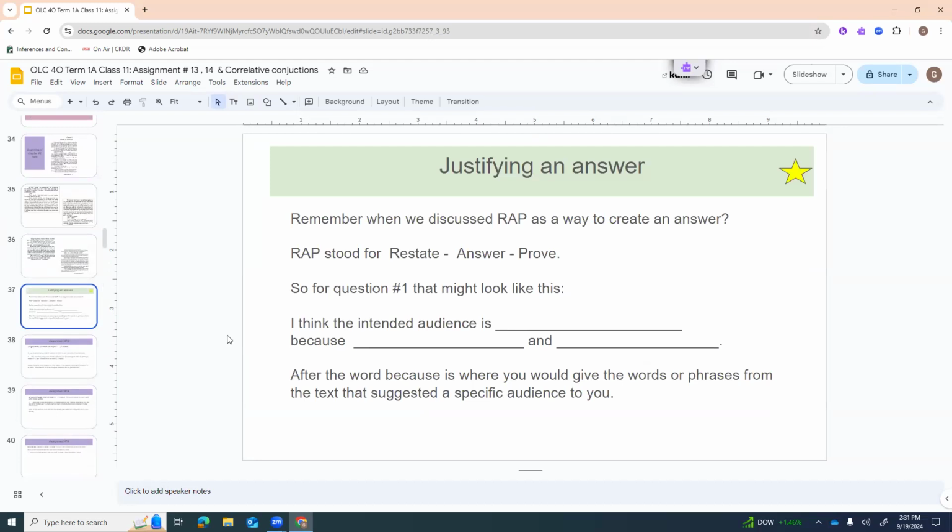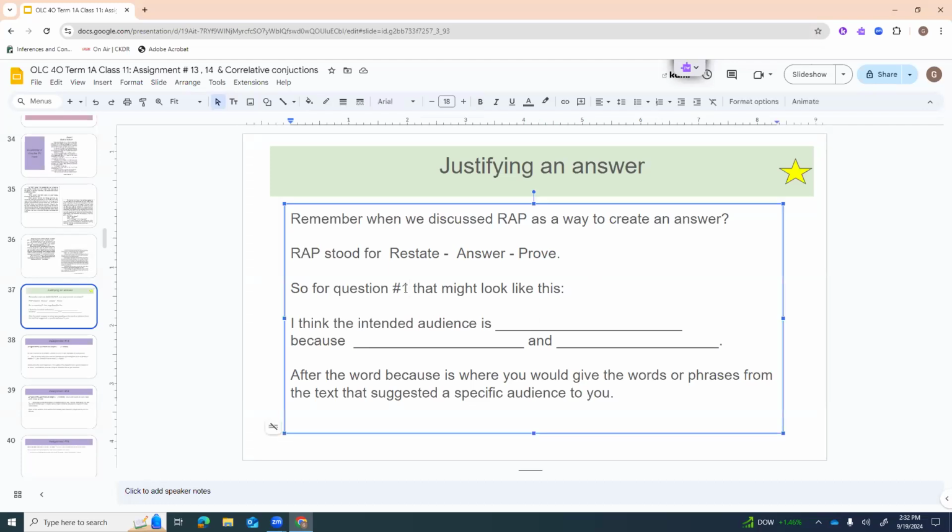But before we start, I want to talk about, remember when we talk about RAP as an acronym to help us create an answer? The RAP stands for R is restate, A is for answer, P is for prove. So for a question, it might look like this. I think the intended audience is, and here they've restated the question.